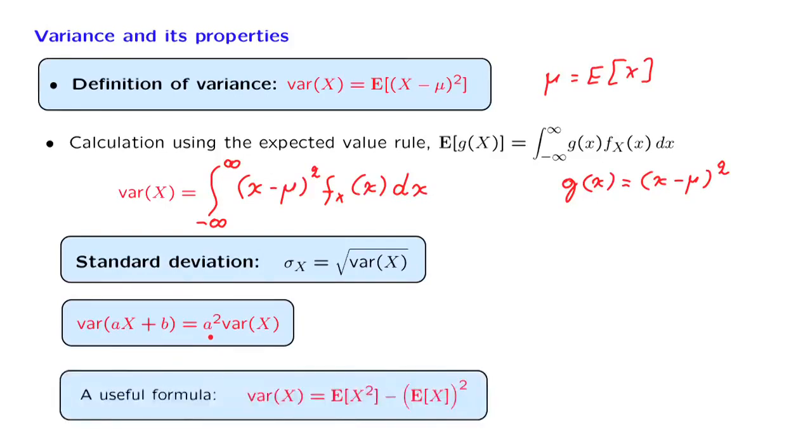Finally, when calculating the variance, it is often convenient to use this alternative formula, in which the variance is calculated by finding the expected value of the square of the random variable and subtracting the square of the expected value of the random variable. This relation and this relation are both derived exactly the same way as in the discrete case, and there is no reason to repeat those derivations.